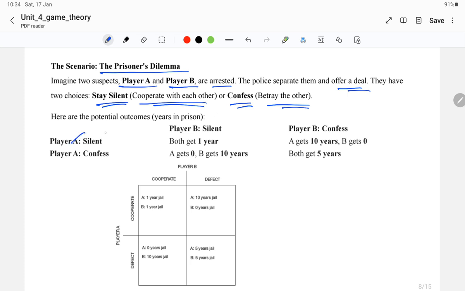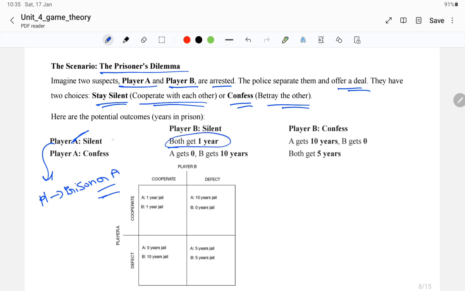If prisoner A stays silent, there are four outcomes that we can see here. Please make the correction: instead of player, you can write prisoner A. If prisoner A stays silent and prisoner B stays silent, that would result in the least sentence; both get only 1 year.